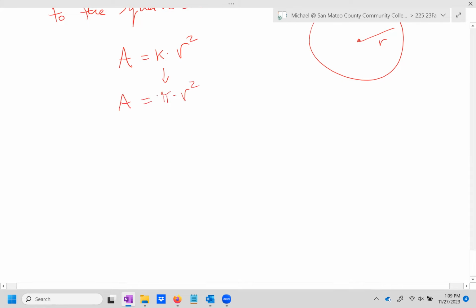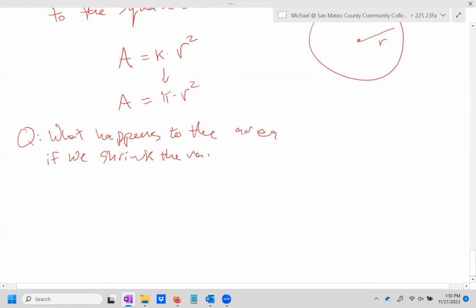So here's my question for you. What happens to the area if we shrink the radius by 1/2? What happens to it if we double the radius?